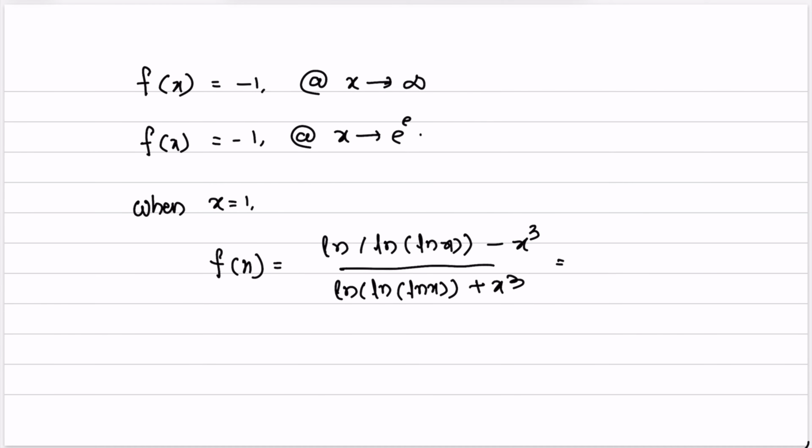When x tends to 1, this implies ln 0 is minus infinity, and ln of minus infinity is undefined, so this will be undefined.